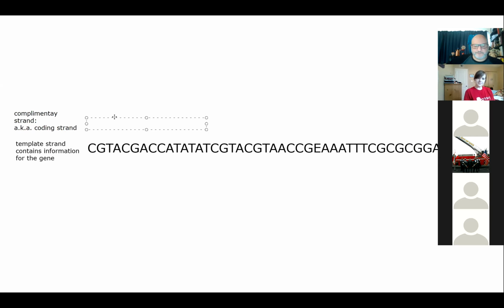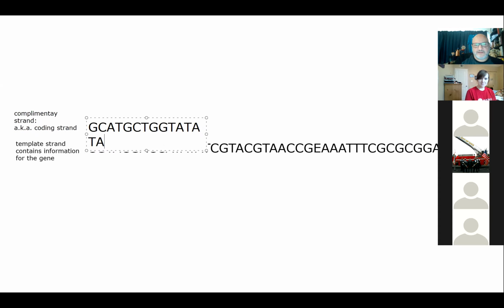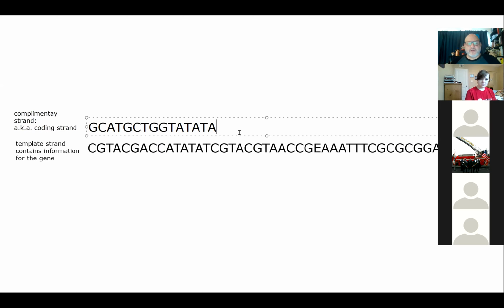What would be here? G. Yep. A. Yep. T. Yep. G. Mm-hmm. C. There you go. T. G. And then I can go through the rest. You guys don't have to keep it, but I'll get the rest of it. Perfect. All right. So that is our complementary strand, our coding strand.